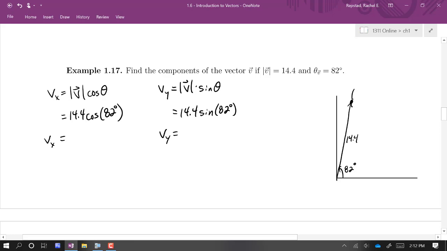And what I'm looking for are these coordinates. If I drop down this perpendicular, there's my Vx, there's my Vy. I'm doing this simply to give myself some perspective. Vy should be a lot bigger than Vx. Vx will probably be pretty small, and Vy will be large in comparison. So this vector is mostly y component with a little bit of x component.